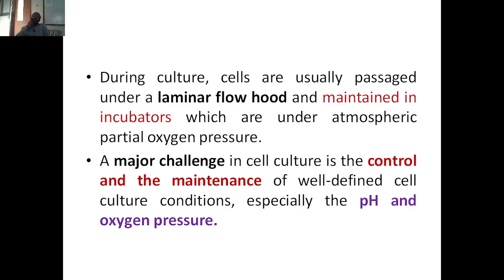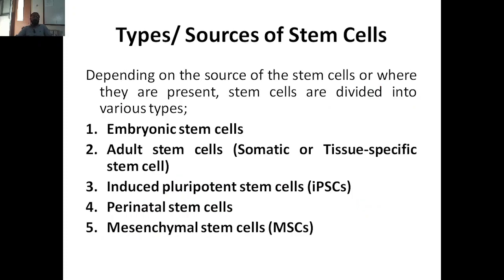Another challenge in cell culture is the control and maintenance of well-defined cell culture conditions. To maintain and control that is very difficult, especially pH and oxygen pressure. You cannot keep on controlling the same pH for a long period of time. It's very difficult to do that. Same thing goes with the oxygen pressure.